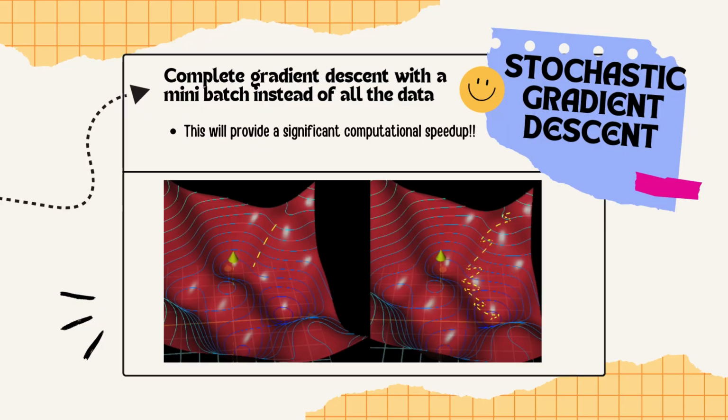So the way it's actually done in neural networks is through stochastic gradient descent, and what that is, is a type of gradient descent where you do mini batches of the data instead of having all of it. And this will provide a significant computational speedup.